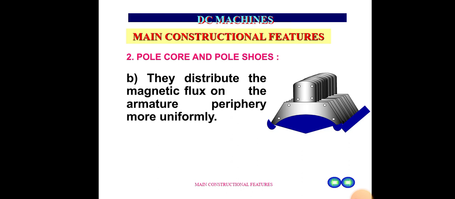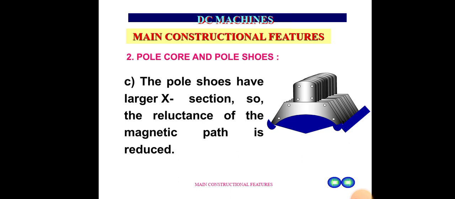Since the poles are electromagnets, the field windings are wound over the pole core. The pole coils are made of copper wire. When current is passed through these coils, the pole becomes an electromagnet and starts establishing a magnetic field in the machine.